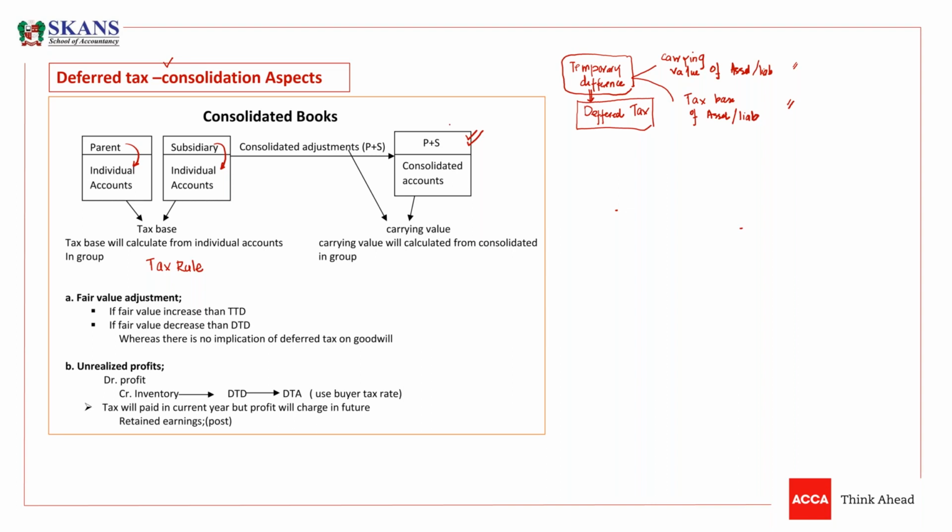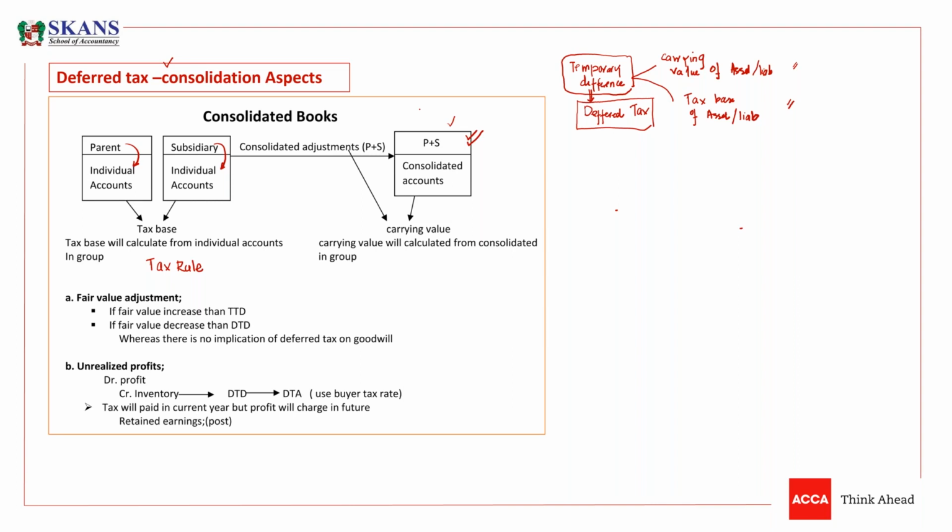It's our concept of substance over form, which says that if parent is controlling subsidiary, they are both one. We are doing consolidation just on the basis of substance over form. Legally, they are separate. And the tax is a law again. So under the tax law, parent will pay its own tax, subsidiary will pay its own tax, and they don't have a status as a single entity.